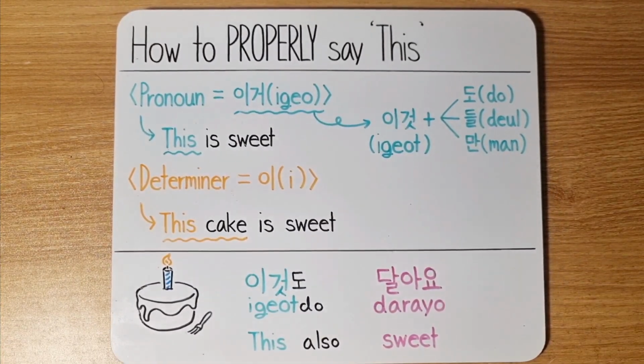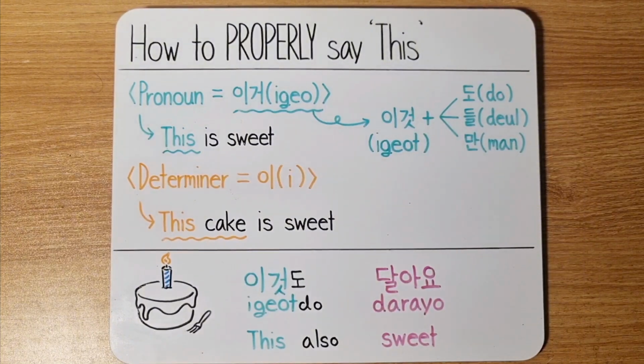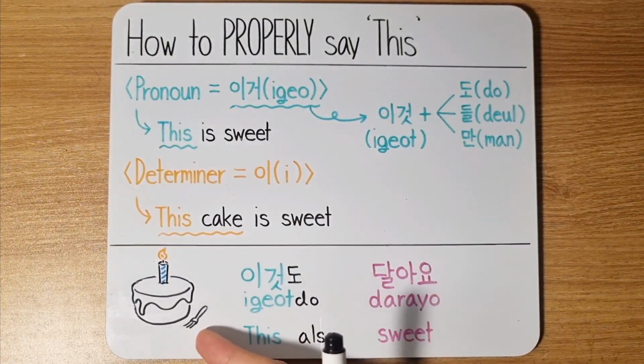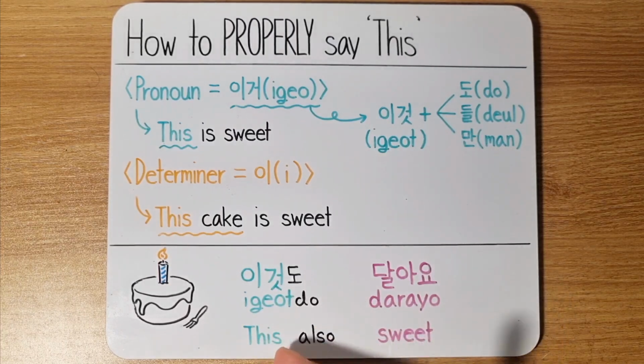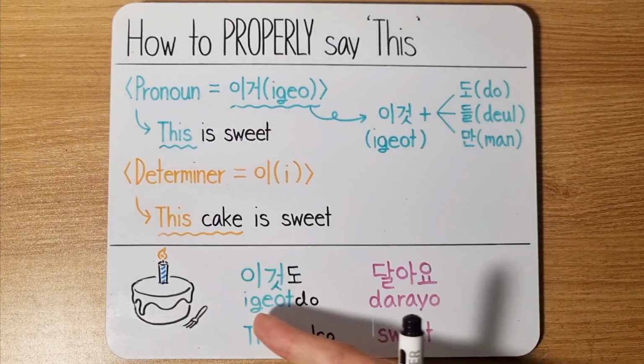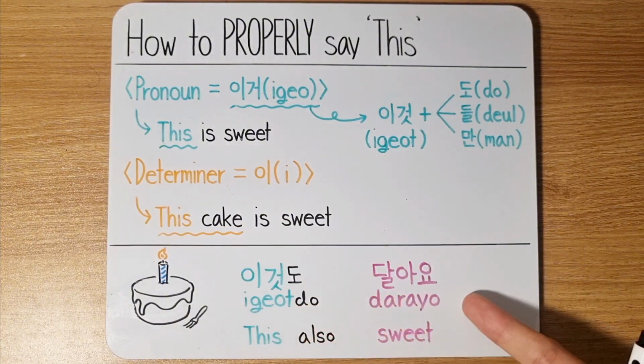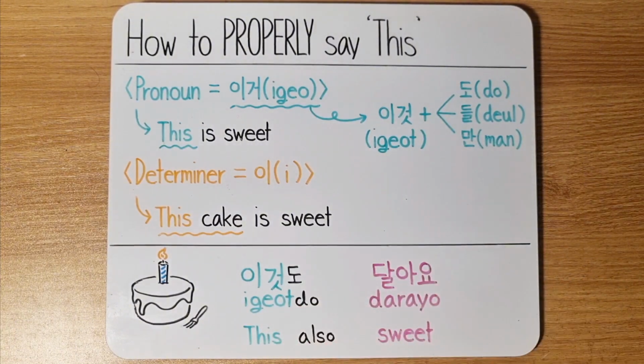So for example, once again, if you want to say, that is sweet, but not only that, this is also sweet, then you would say, 이것도 달아요, this also is sweet.